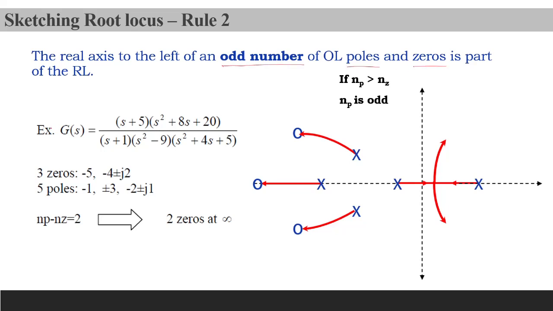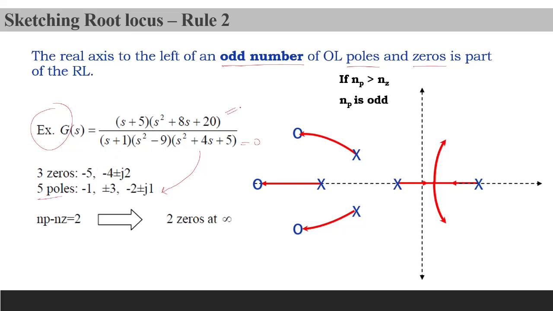So let's demonstrate it using this example. We have a plant function, which is this plant function, and by equating the denominator with 0, I'll get the poles. So we can already see that there are 1 and 2 and 2, so we have 5 poles.